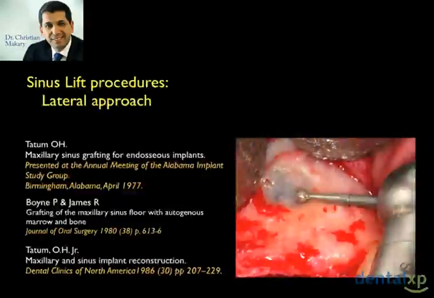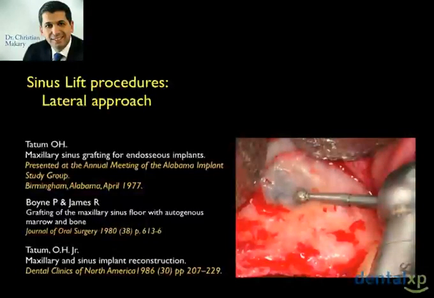But if we want to keep the focus of this presentation, I will be talking in the first part about lateral sinus lift procedures. The lateral approach was actually described by Tatum in 1977, and then it was published by Boyne and James in 1980.